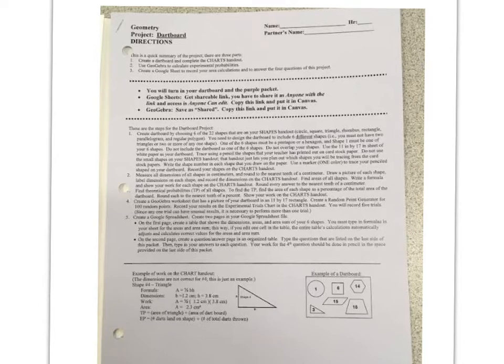That is your dartboard. You may have the same shapes as someone else, but your dartboards should look different because you can put your shapes anywhere you want. However, your shape measurements should be the same as someone else's with the same number. I'll be grading this project partially for accuracy in measurements as well.